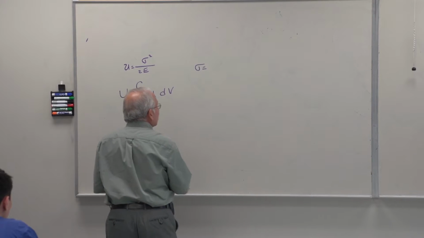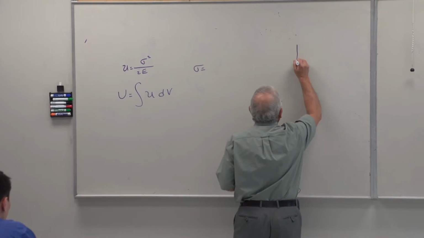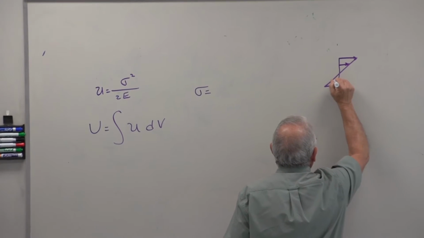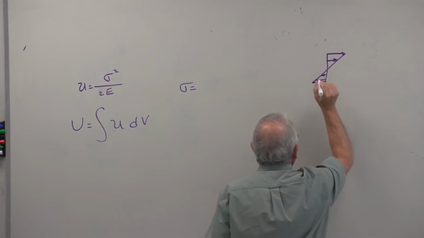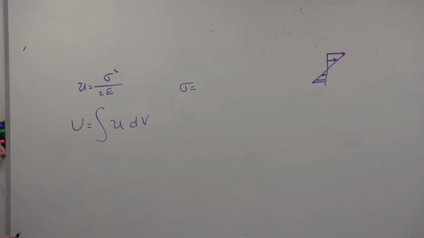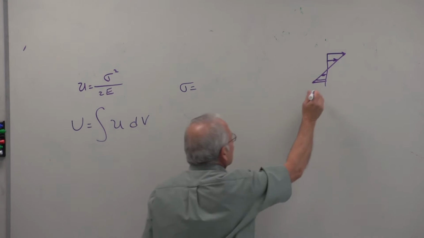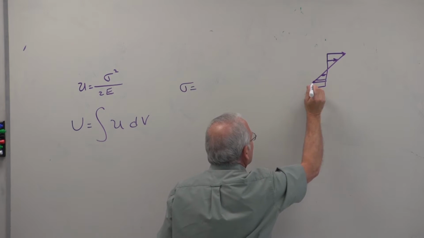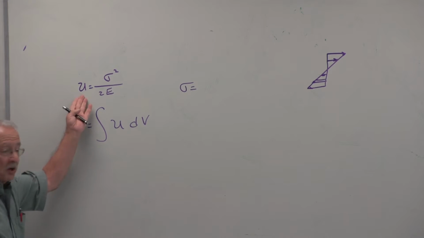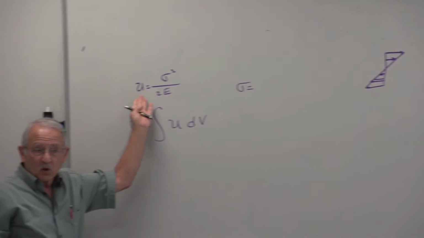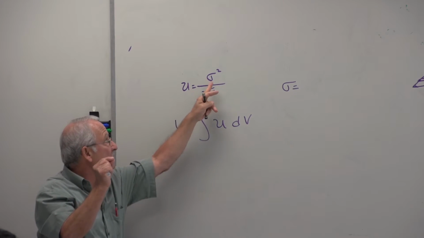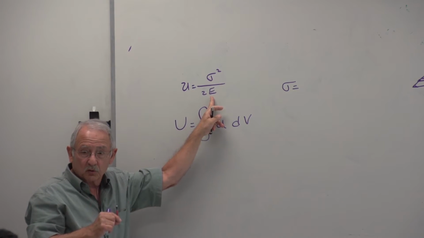Remember that if you have a case of bending, this is the stress distribution. Linear elastic behavior. This still applies. For any point in the material, strain energy density is still equal to sigma squared over 2E.